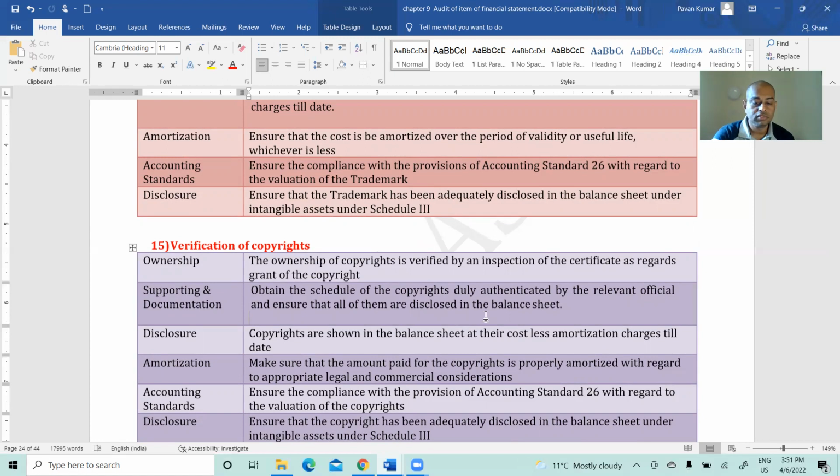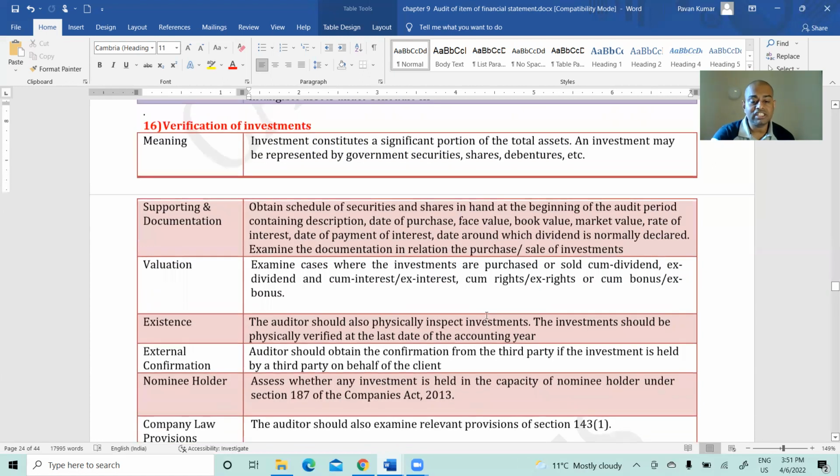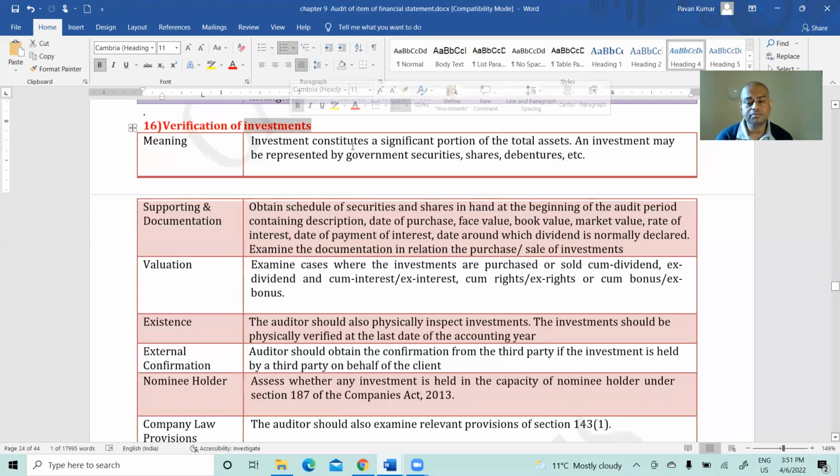Chalo, investments. What is this investment? Sandeep, what is this investment? These are financial assets. Pavan sir, I invested in land. That is called land. Pavan sir, I invested in a car. That is called car.